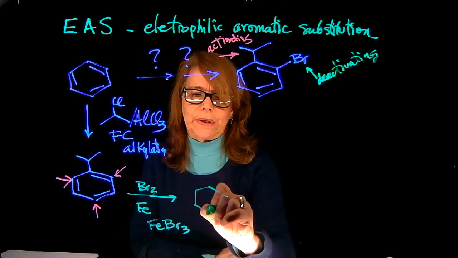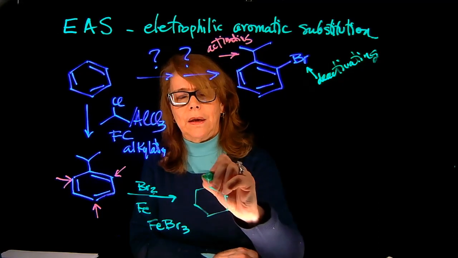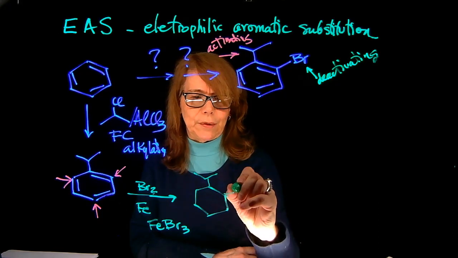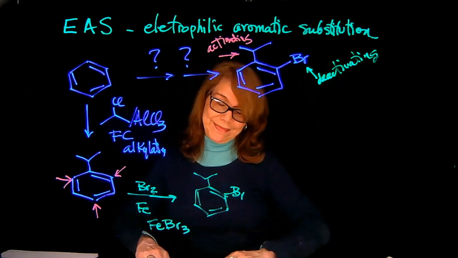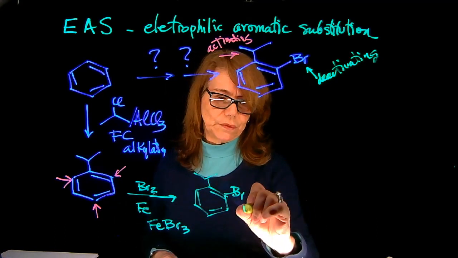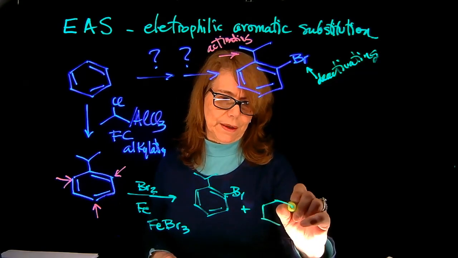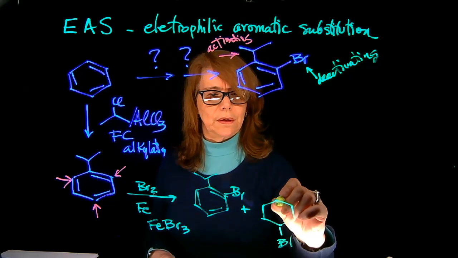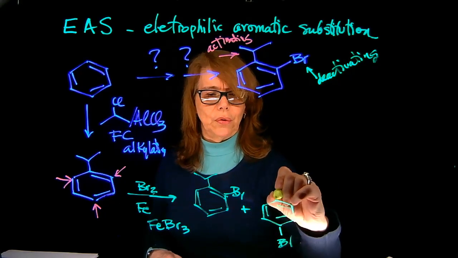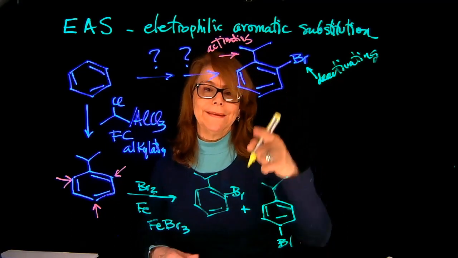Well, I'm going to get a mix of products. I'm going to get the bromo in ortho and in para. So that's two products and not exactly what I want. That's what I want. So what can I do to obtain only that one?